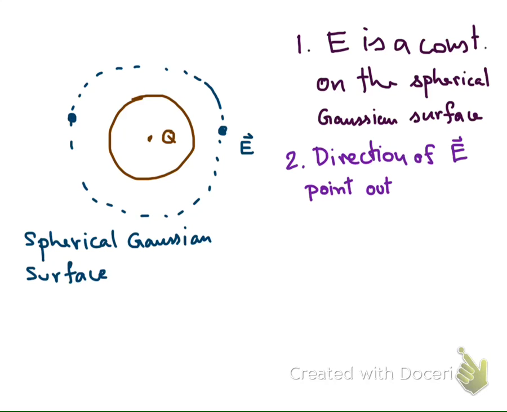If we assume that this is a positive charge, the direction of E points outward, let's say like this.